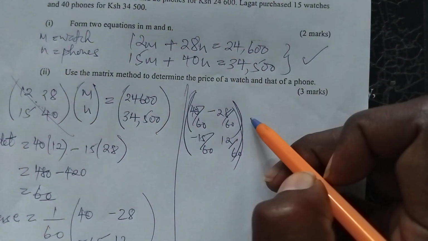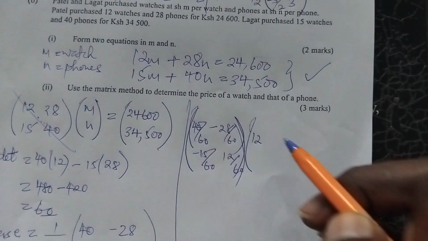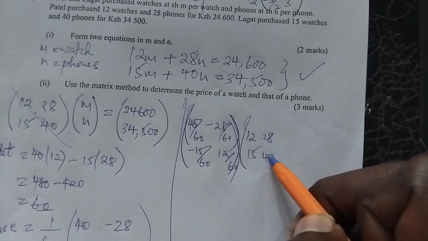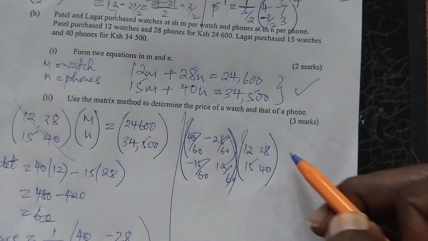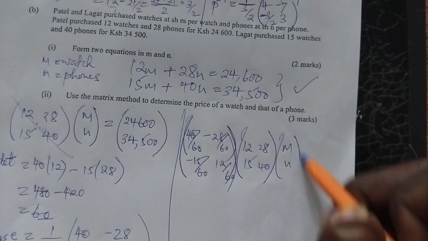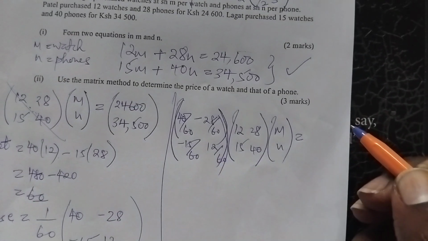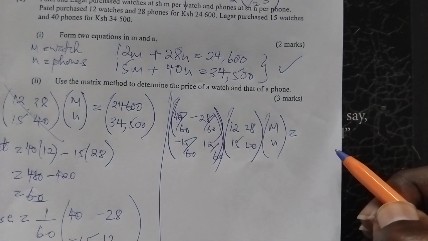For this matrix, multiply by 12, 28, 15, 40, then you have M, N equals to, again multiply by the inverse.